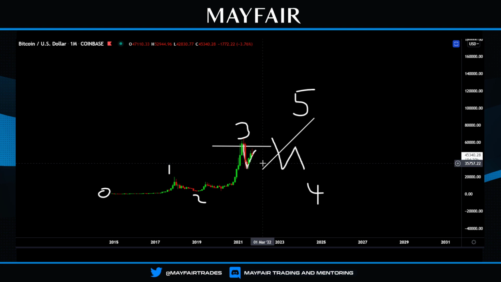This is retail hype. There's a lot of eyes on this particular market or instrument, and therefore it's not going to always be as respectful as some of the more established instruments and tools such as gold and a lot of the forex pairs, for example. So this is some of the logic on the monthly time frame.